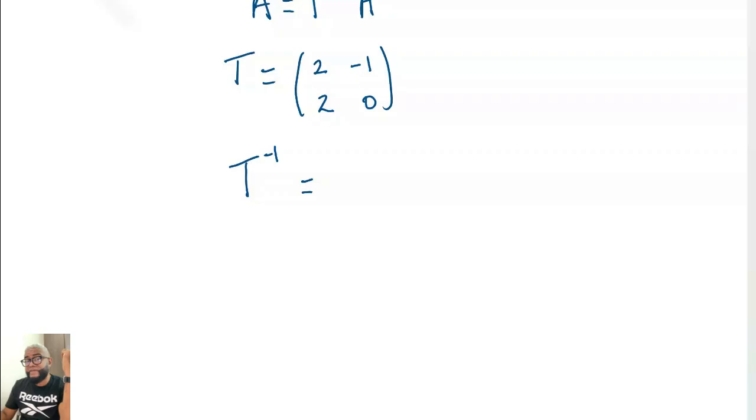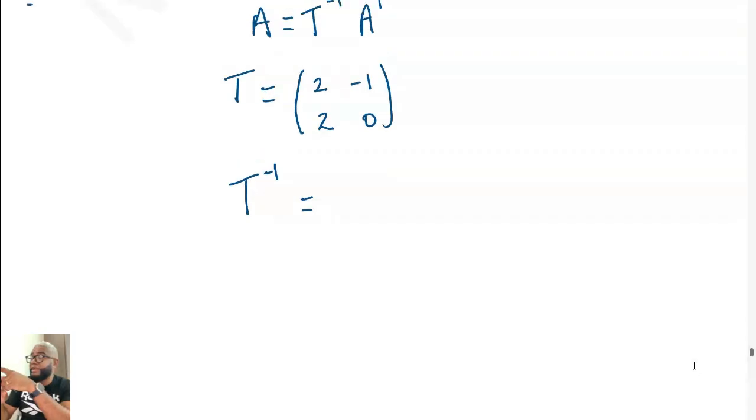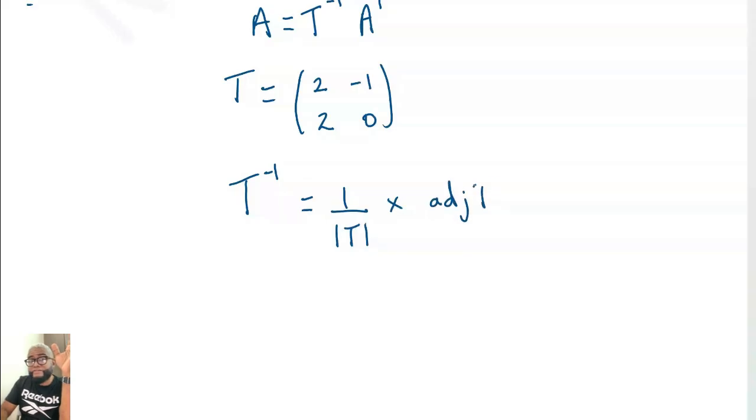You all have your process. It's the same thing we're doing over and over here. It'll be 1 over the determinant of T multiplied by the adjoint of T. Cool? What is the formula to find the determinant of T if T is (a, b, c, d)? ad minus bc.